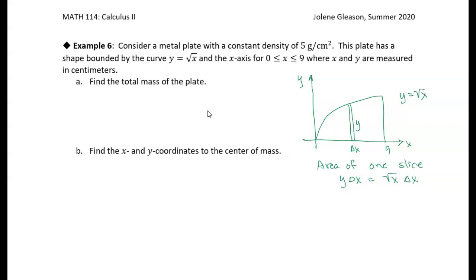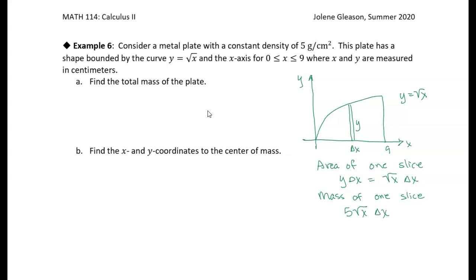Okay, so we can find the mass of one slice. We can just take it times the density, right? So the density is 5 grams per square centimeter, and all our dimensions are in centimeters, so that's good. So 5 square root of x delta x is going to be the mass of one slice.